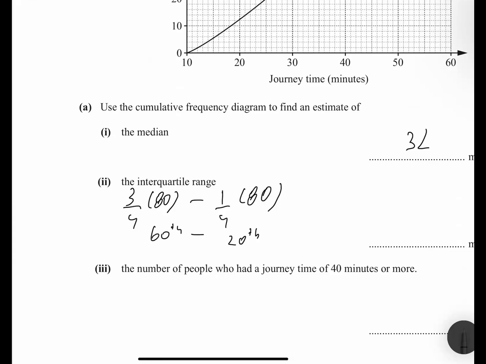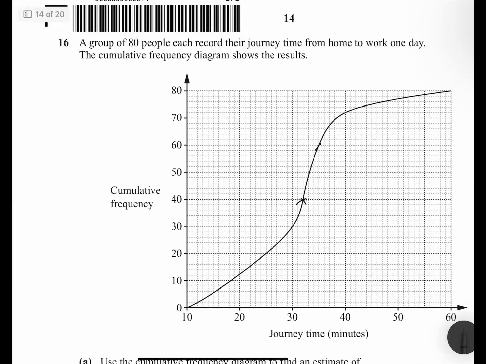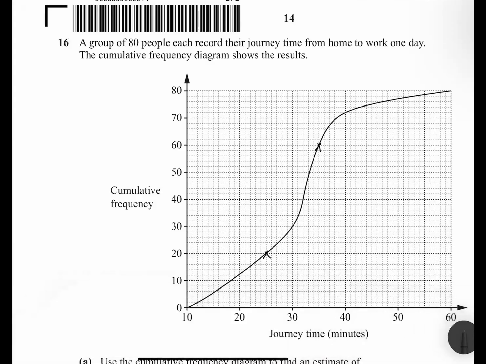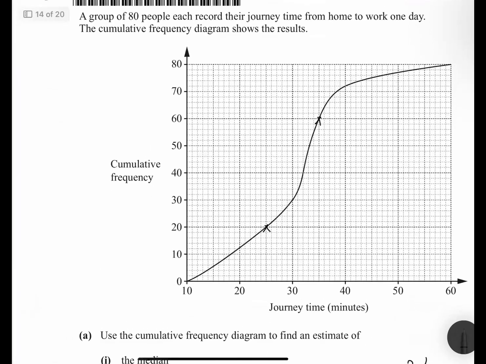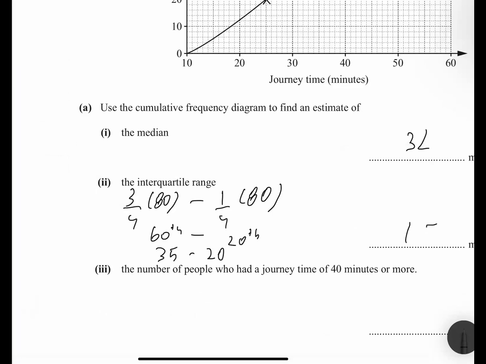So the 60th time, which is over here, minus the 20th time, which is over here. Now when you subtract both, 60th time would be 35 and the 20th would be 20. So 35 minus 20, which would be 15 minutes.